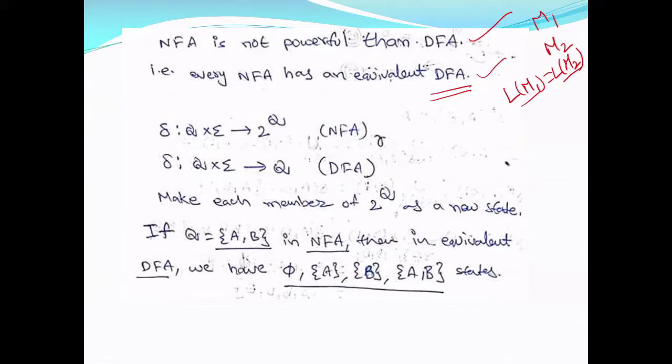So you can convert every NFA into a DFA. There is a procedure. So if some language is given and it is difficult for you to design a DFA for it, then you can first design an NFA and then convert it to a DFA using this procedure. Okay? So how do we convert?